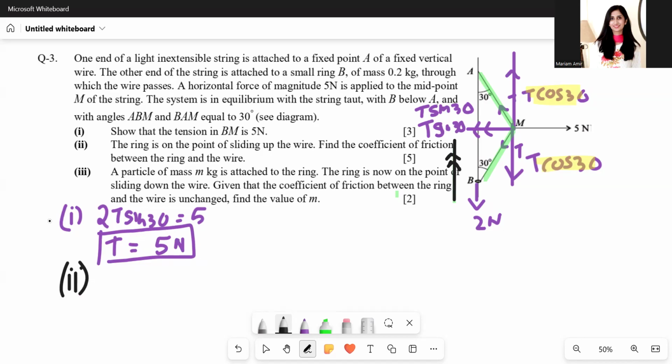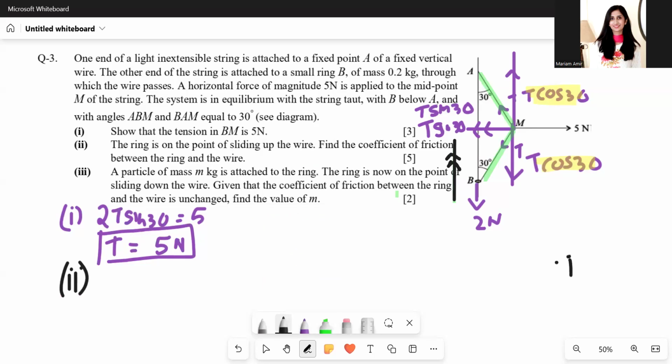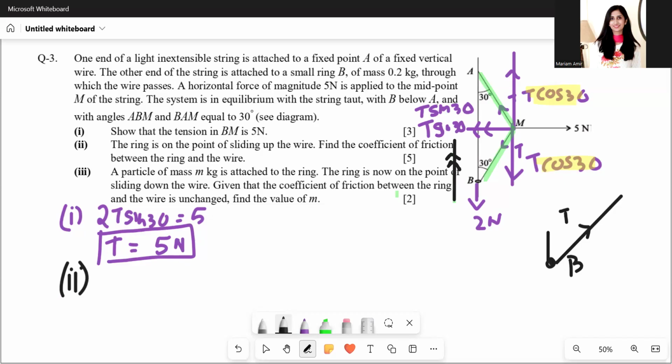So that means up forces would be equal to the down forces. With respect to B, this is B. Tension is outwards. Let's resolve this tension. This is 30 here. So we'll have a component in this direction and a component in this direction.